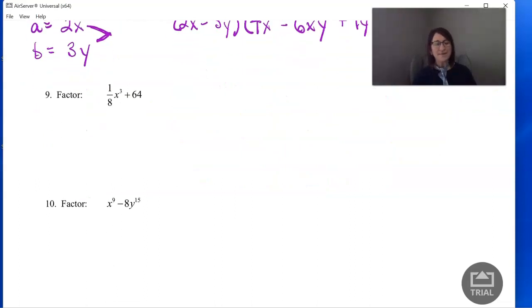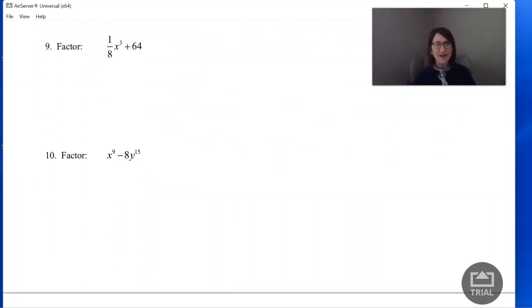Next one. It has a fraction in it, but that fraction is a perfect cube. 8 is a perfect cube. Okay, so again, we're going to figure out our a. All right, so our a is going to be 1/2 x. Our b is going to be 4.